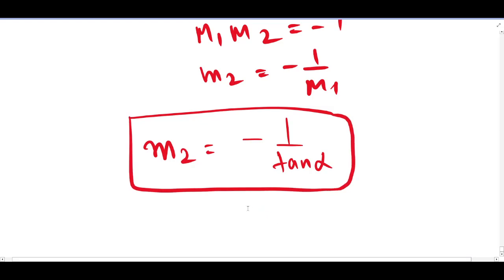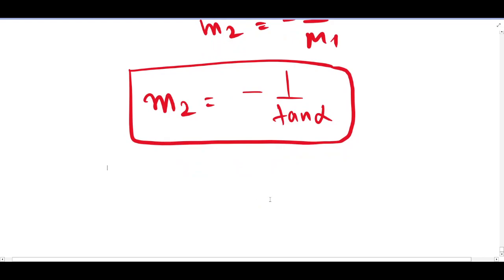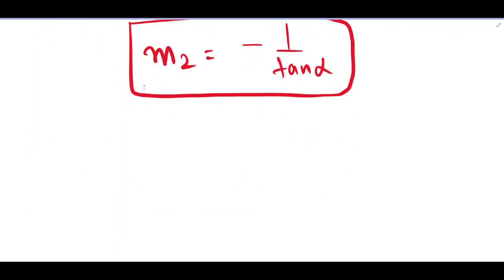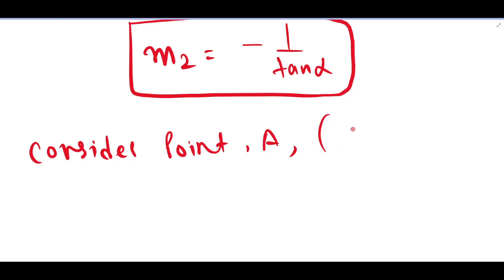So this is the slope of line L. Now consider point A, whose coordinates are P cos alpha and P sin alpha.